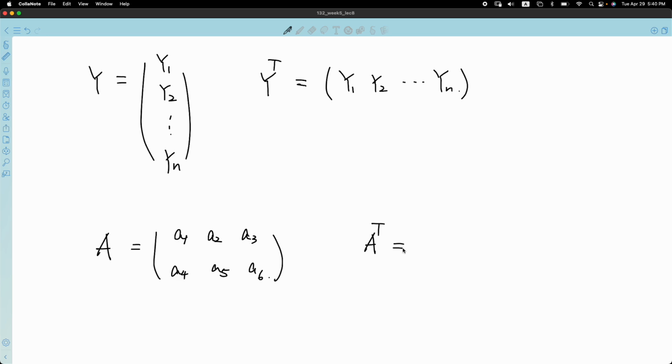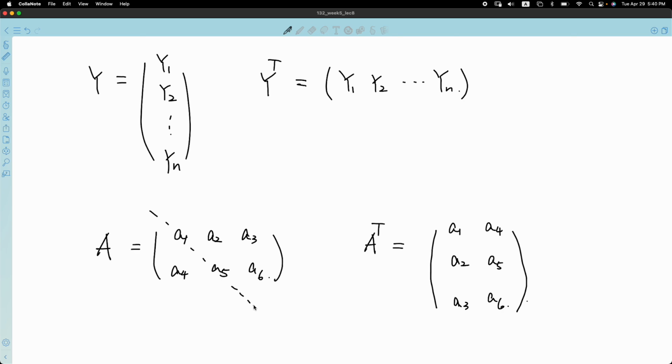That diagonal, what do you call that? You call it a reference line, that kind of thing. So you will have A1 here, and then A4 on the next row, and then you will have A2 and A5, and then A3 and A6. You are essentially flipping along that reference line.